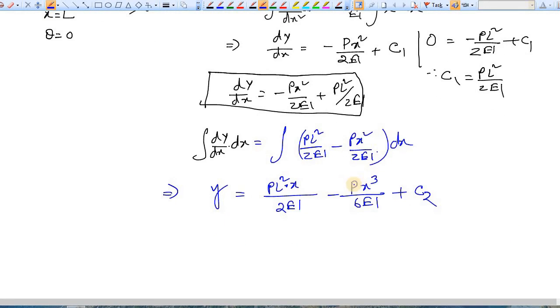Now what is the value of C2? Again, for a fixed end beam, at the fixed end or when x is equal to L, your deflection is 0. So C2 becomes 0 is equal to, put x is equal to 0, and here also x is equal to 0, plus C2.